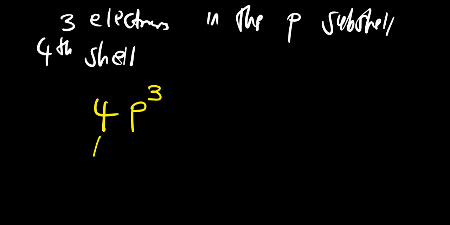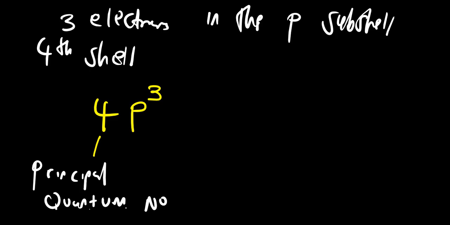So your 4 in this case is what we call your principal quantum number. Then your p is just our subshell.